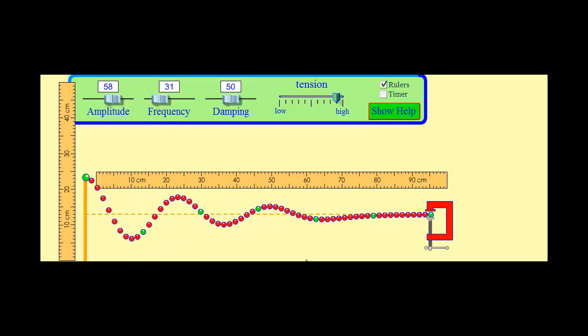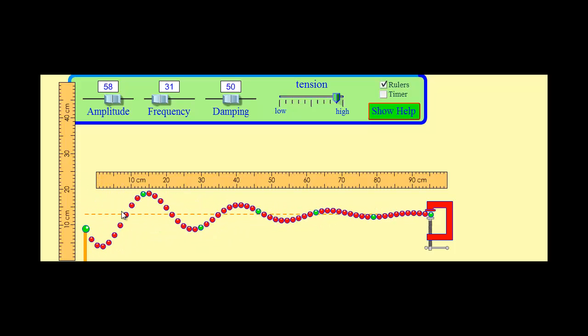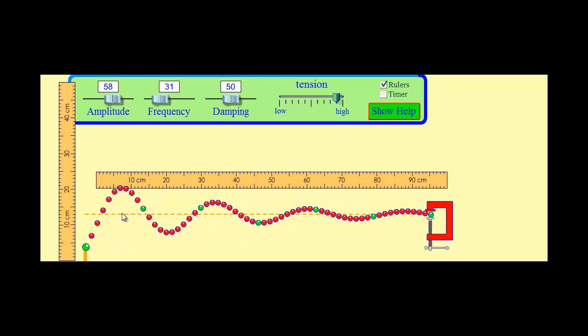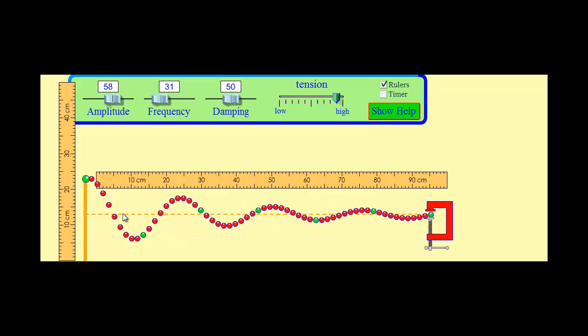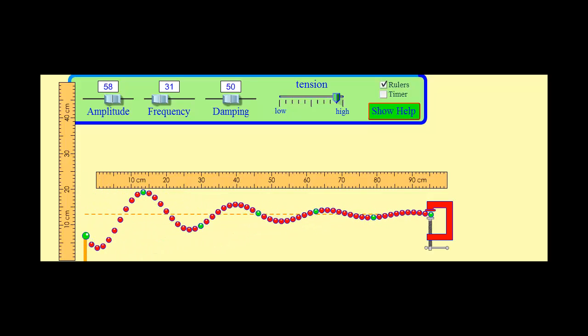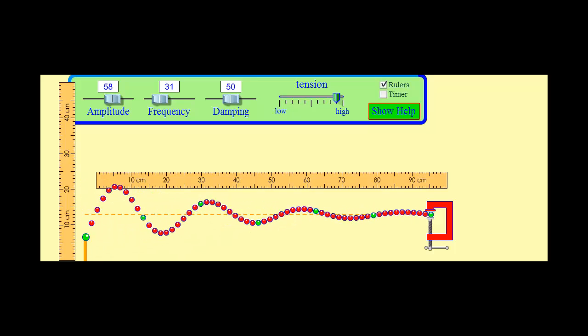But at a certain point each of the particles has maximum displacement. Say, for example, look at this point. This is the maximum displacement of this particle. It does not go above this length. So the maximum displacement of the particle from the rest mean position is called the amplitude.